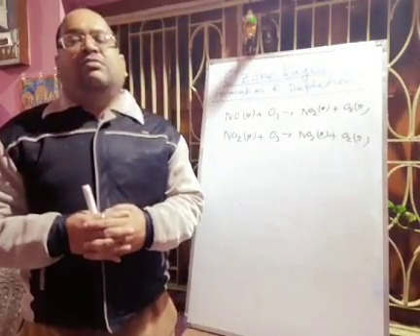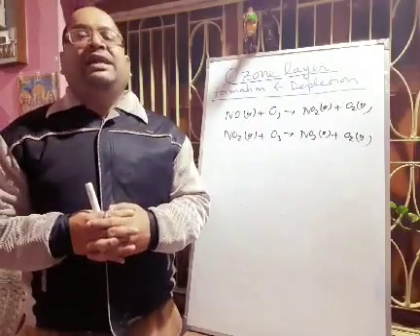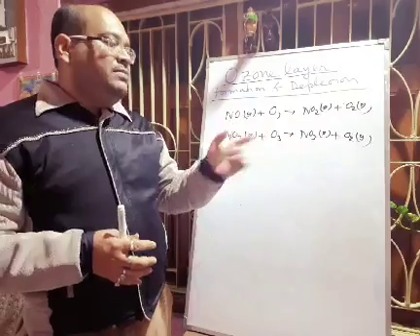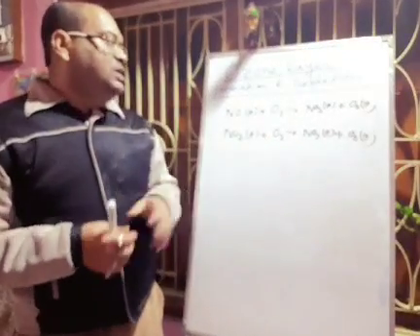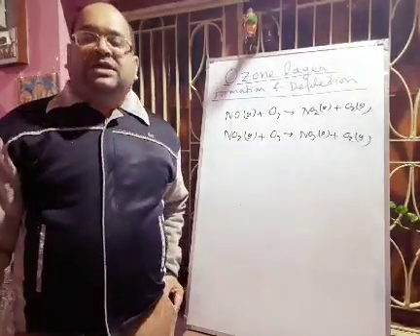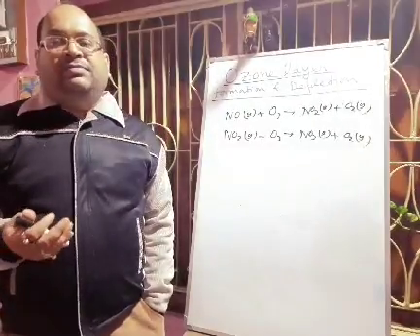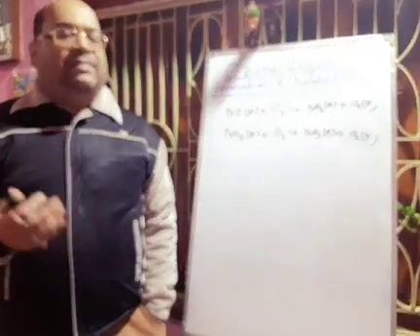We can use some scavengers for trapping the free radicals. Actually, the free radicals that are forming react with ozone. Sometimes oxides of nitrogen also react with ozone, causing depletion. There are some compounds that trap free radicals.